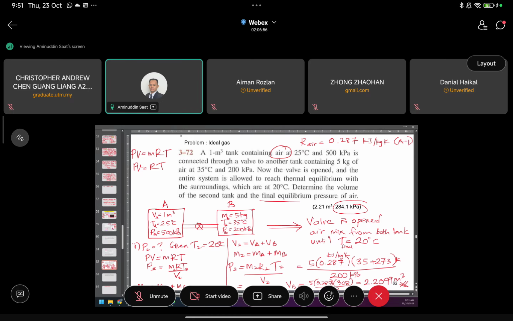It's quite straightforward for gas, and much simpler compared to water or refrigerant properties.